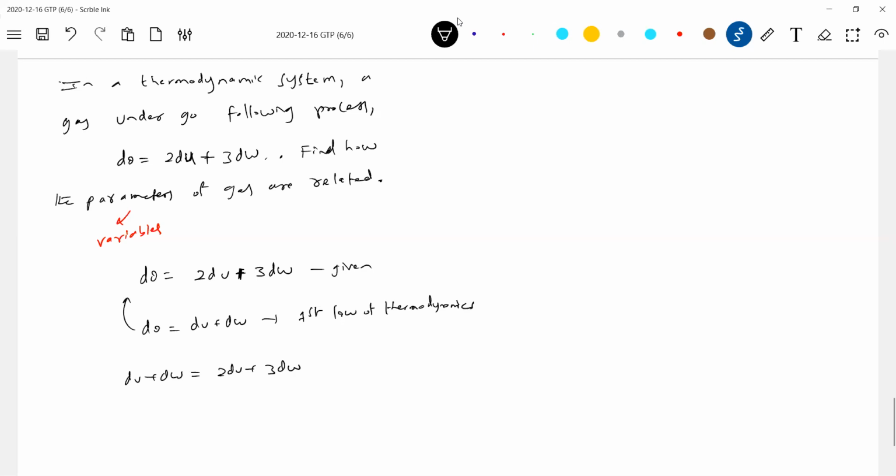So this will become dU plus 2dW equals 0, or dW. So dU is equal to, what is dU equal to? nCv delta T, or nCv dT. In any process, what is dW? PdV.